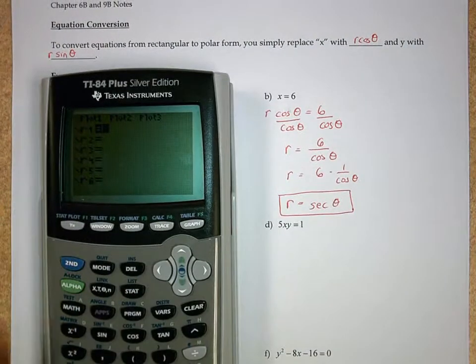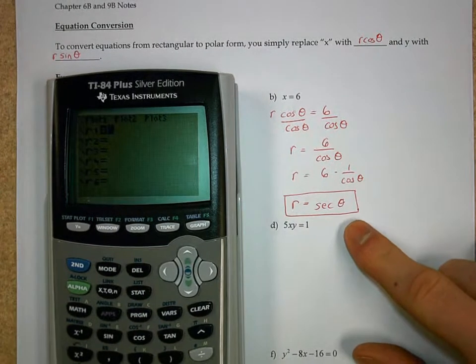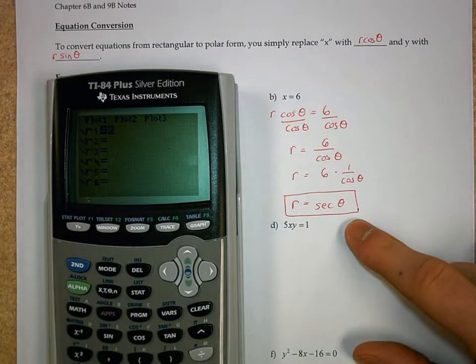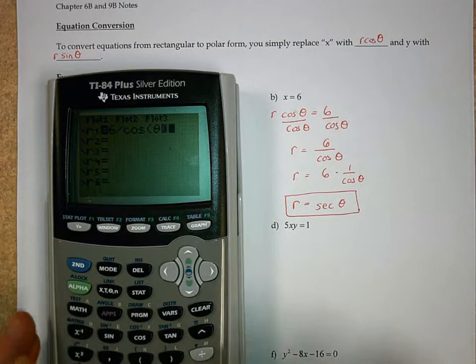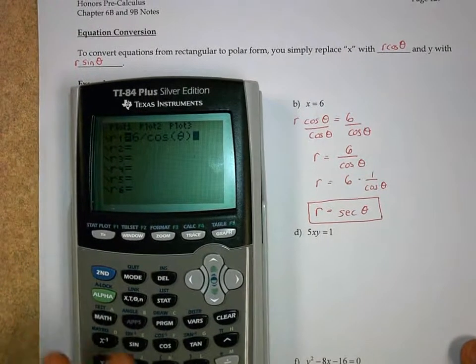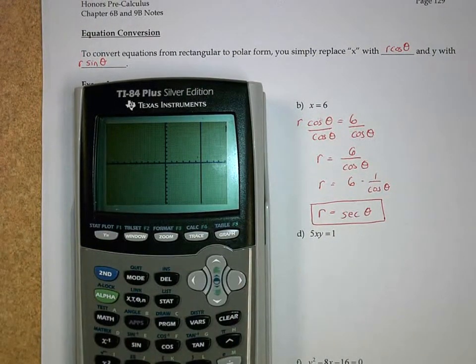If I look at my second example here, x equals 6, I know x equals 6 is a vertical line at 6. So let's confirm if r equals the secant of theta is a vertical line at 6. And we've actually got to put in that 6 divided by cosine of theta, since we don't have a secant function built in. If I hit graph, sure enough, there's my vertical line at x equals 6.